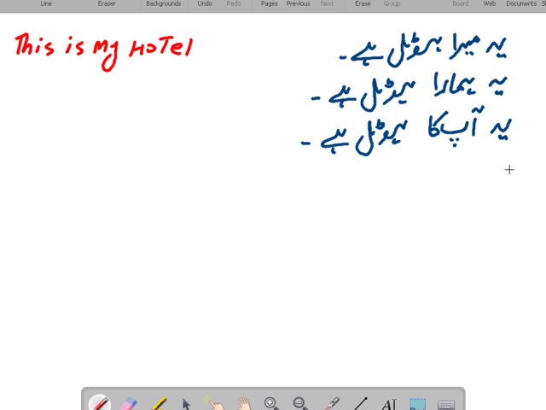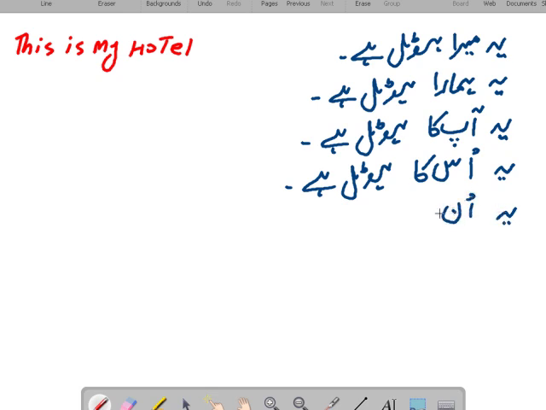This is his hotel or this is her hotel. ये उसका, his और her mean उसका, ये उसका होटल है. This is their hotel. ये उनका होटल है.